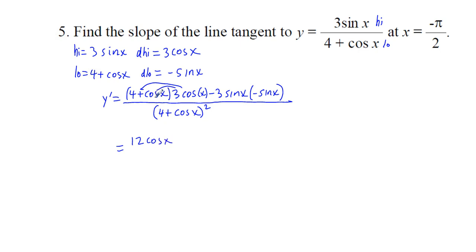And then you'll have plus 3 times cosine squared x. And then we're going to have negative 3 times negative sine x. That's going to end up being plus 3 sine squared x. And it's going to be over 4 plus cosine x squared.